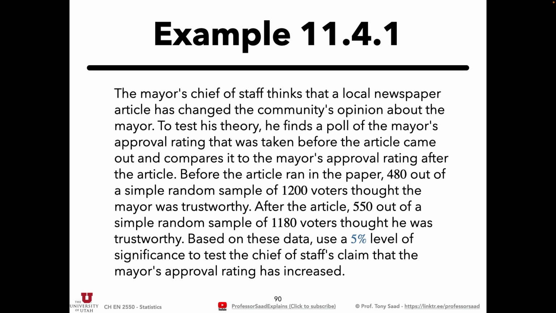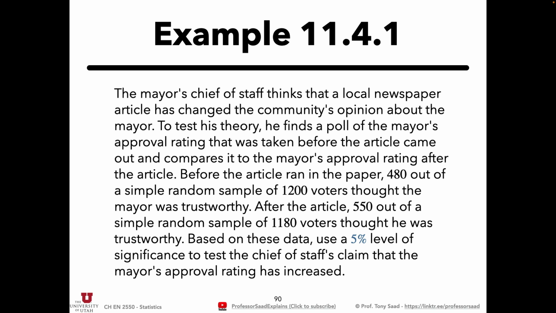Correct yourself, sir. So anyway, to test his hypothesis, he finds a poll of the mayor's approval rating that was taken before the article came out, and compares it to the mayor's approval rating after the article. Before the article ran in the paper, 480 out of a simple random sample of 1,200 voters thought the mayor was trustworthy.